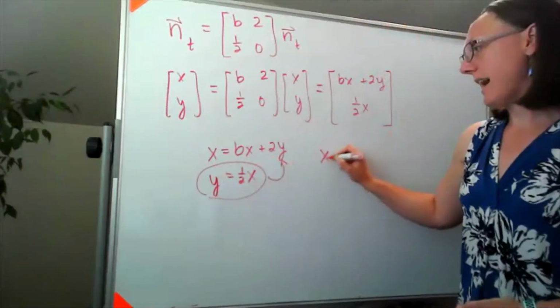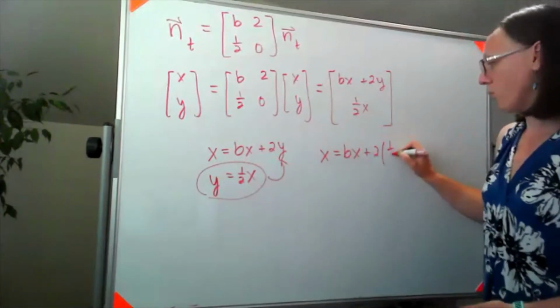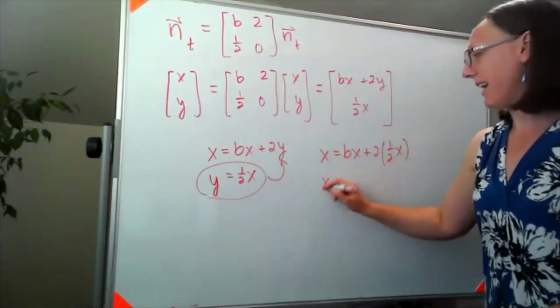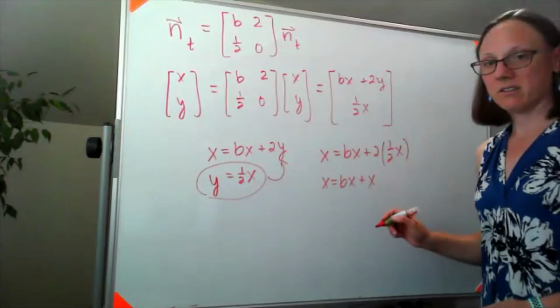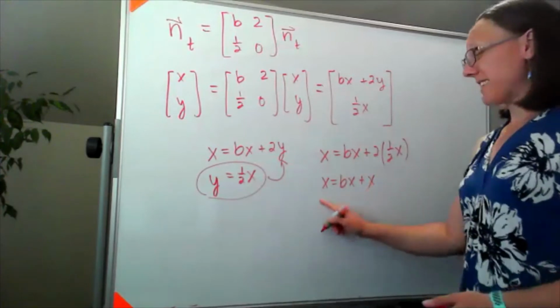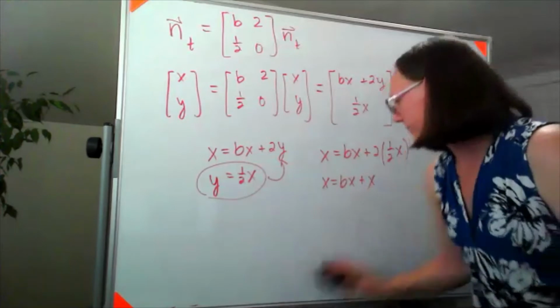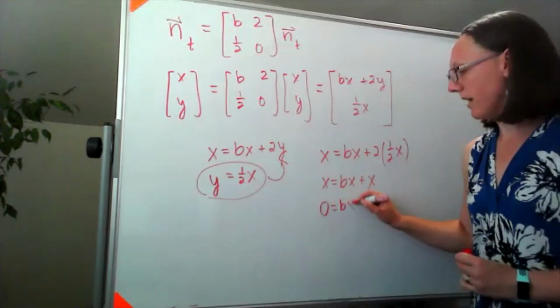And this becomes x is equal to bx plus 2 times 1/2 x, or x is equal to bx plus another x. So it looks to me like if I subtract the x over, then I have 0 is equal to bx.